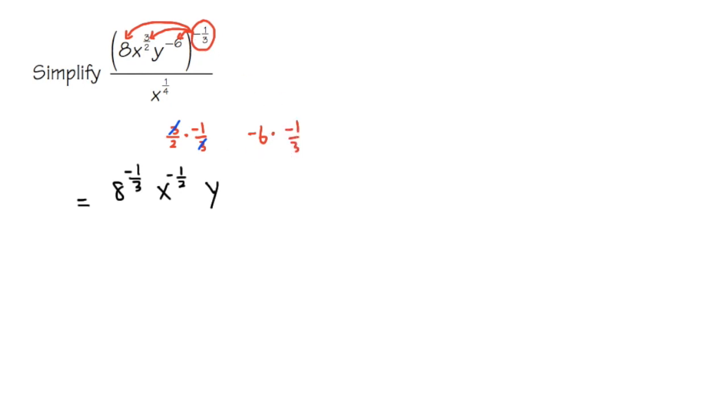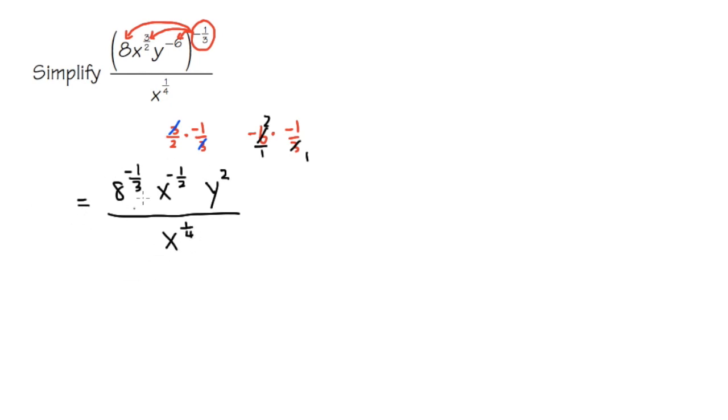Put this as negative 6 over 1 if you would like, and we can cross reduce. 3 goes into 3 one time, 3 goes into 6 two times. Negative 2 times negative 1 is positive 2, all over 1 times 1, which is 1. So we have positive 2 for the y. And then all over x to the positive 1/4 power in the denominator.